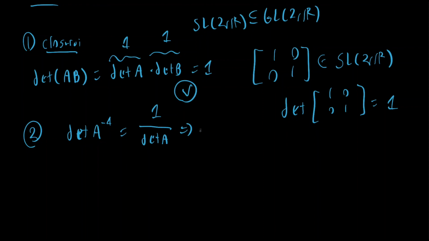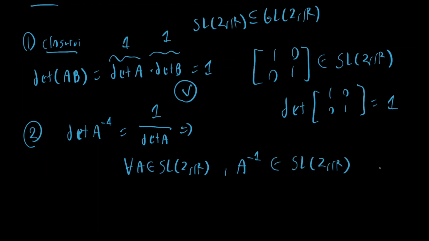And so for each A in SL2R, A to the minus 1 will be in SL2R. So we have that SL2R under matrix multiplication is indeed a group, and we have proven our claim.